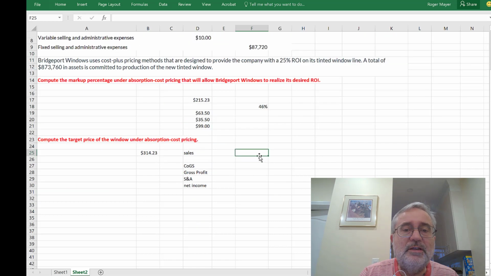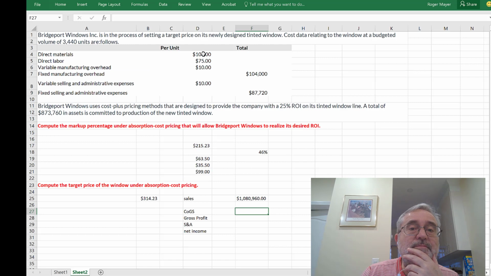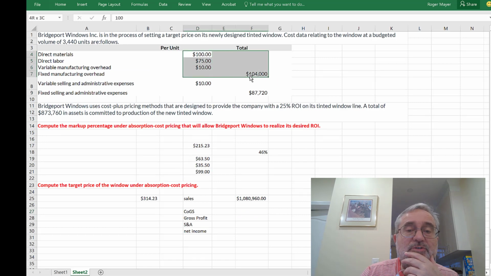We have the sales price, which is $314.73, times the 3,440, which is the number of units, and we have total sales of $1,080,960.